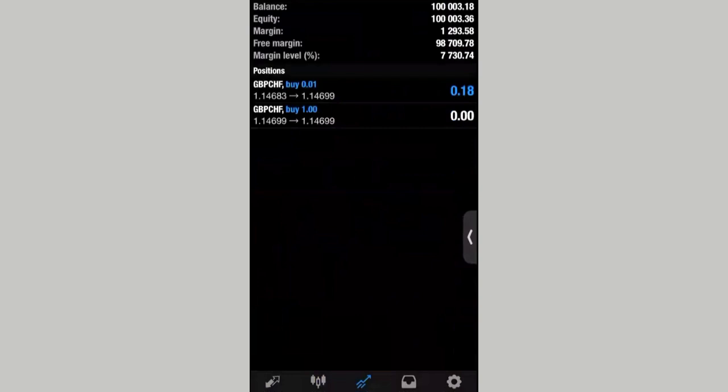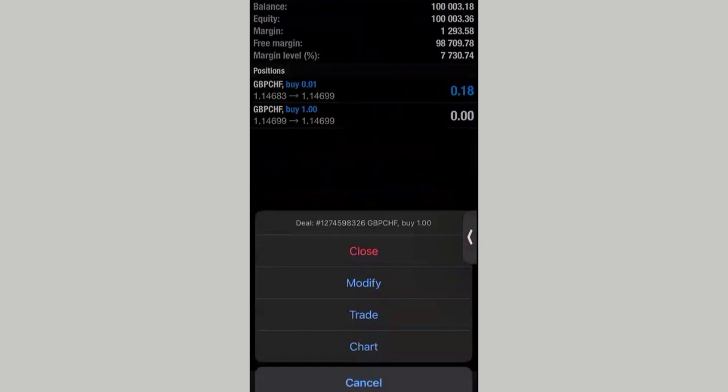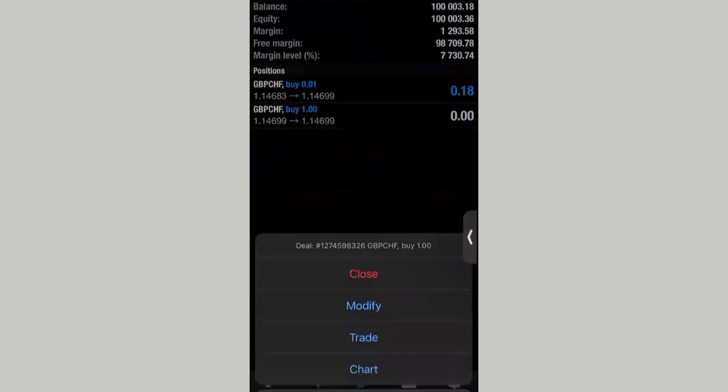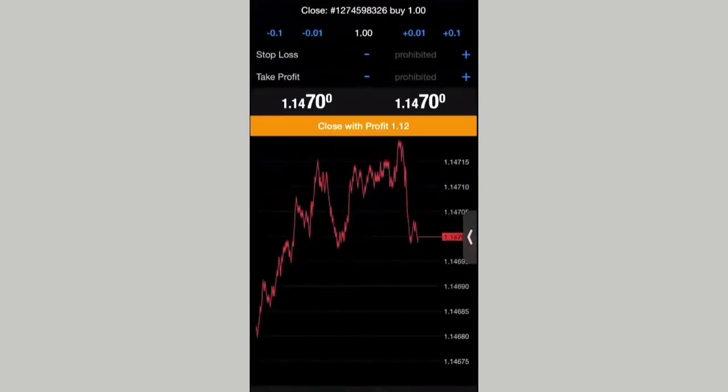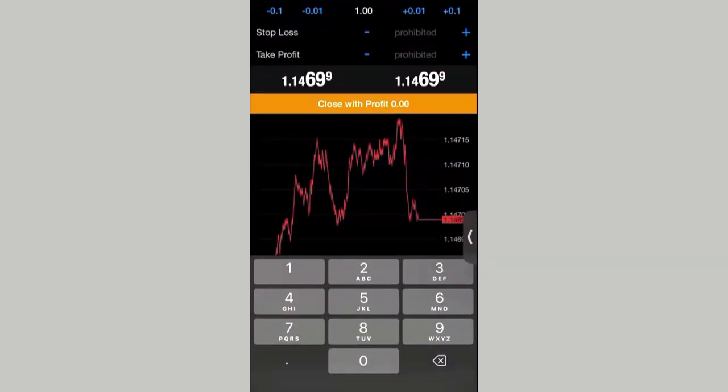So now I'm using $10 per pip, right? When I'm using $10 per pip, and I want to close out about half, that would be 0.50, because if you put 0.50 twice, that'll be 1.00. So if I want to go ahead and close, I'll click and hold it, and I'll click close, and I'll adjust my lot size.